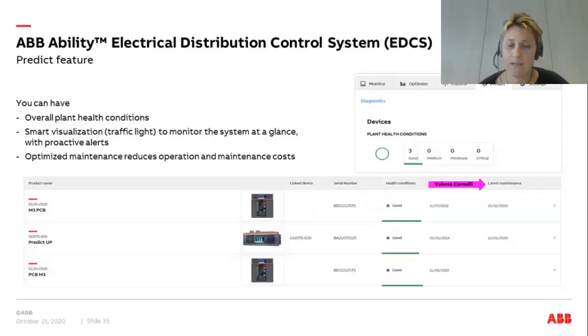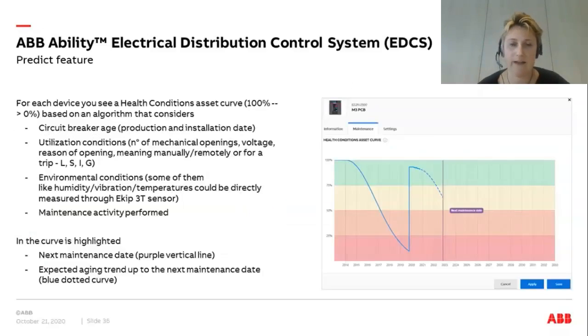But if we click on each single line, we can investigate deeper the health condition of the device, accessing a curve that represents exactly this information. In particular, we have a graph that goes from 100% to 0% with a sloping blue curve, where we can see the aging of the breaker and also the effect of maintenance with the vertical blue line.